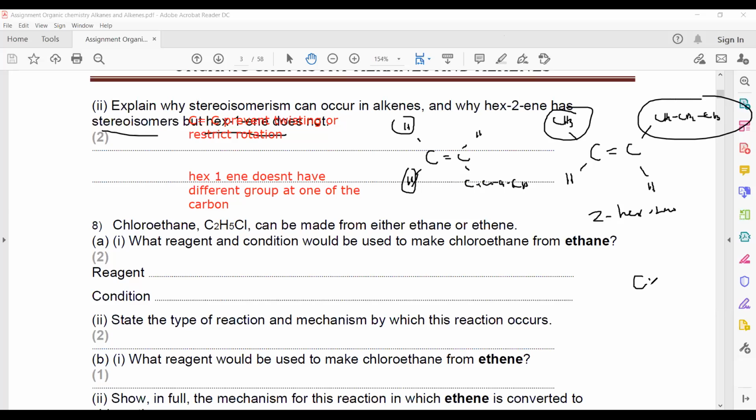That will be wrong, because cis and trans are used when identical groups are attached. If identical groups are attached on the same side, then cis. If identical groups are attached on the opposite side, then it is trans. In this case they are not identical groups, so I cannot say this is cis. I can only say it is Z.